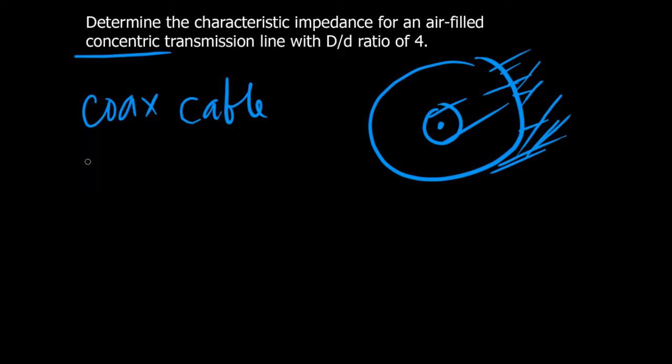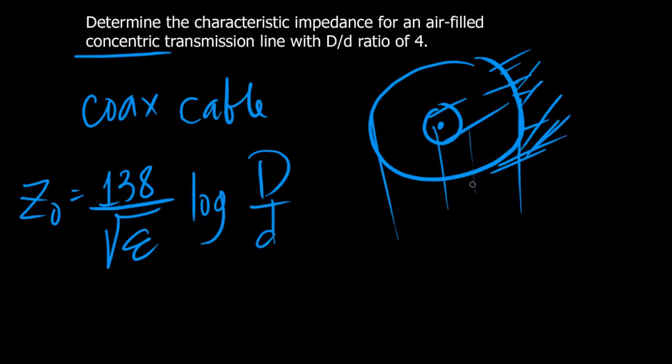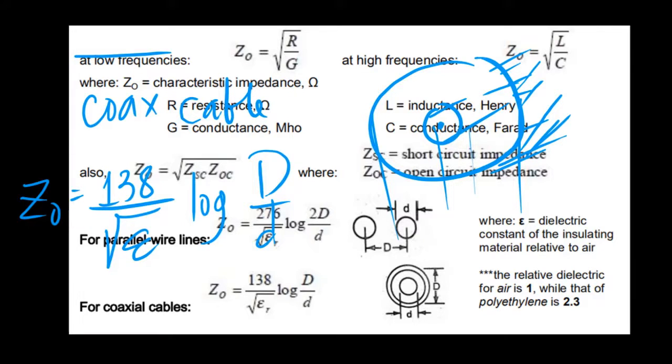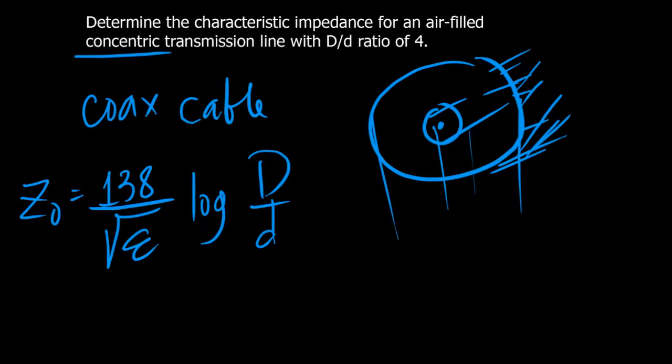Okay. So, ang equation sa aton nga coax cables is Z0 equal to 138 over square root of your dielectric constant, log D over d. Okay. Or the outer diameter over the inner diameter. Okay, so very simple. To get the characteristic impedance, just 138 over square root of.